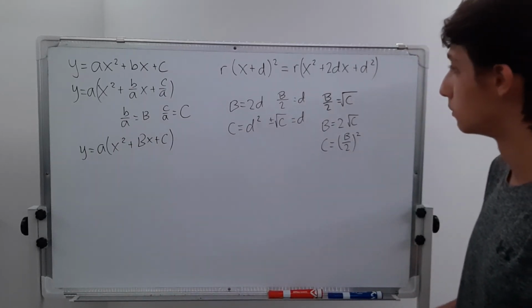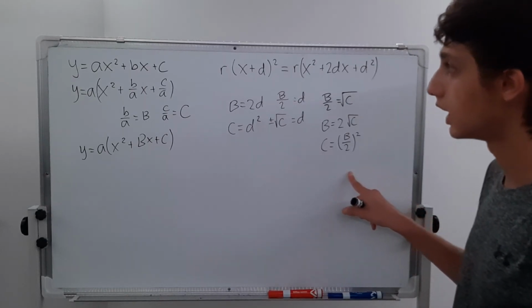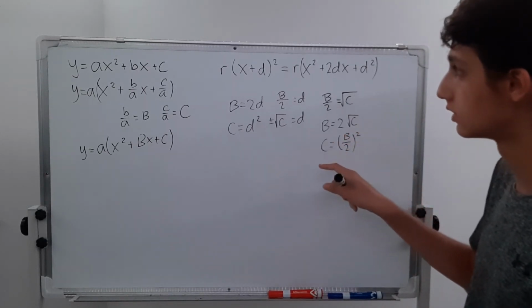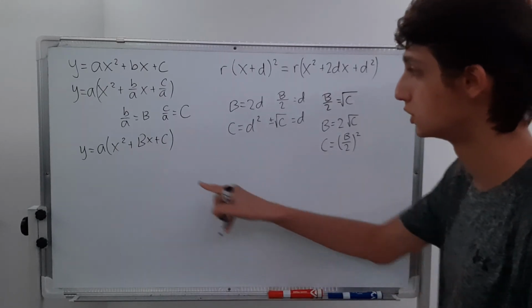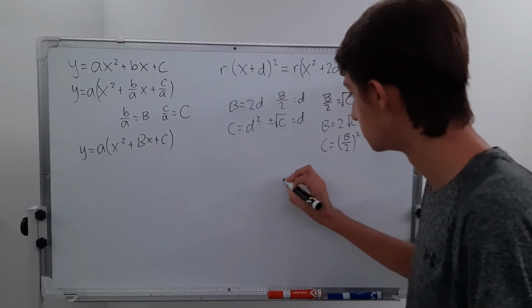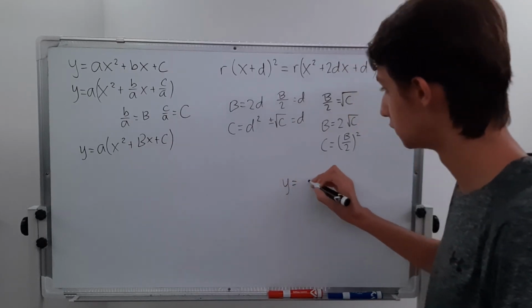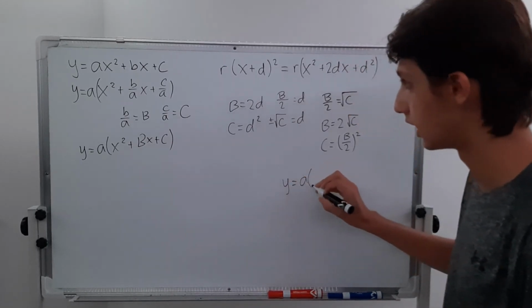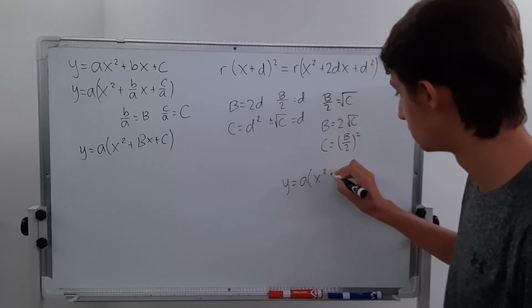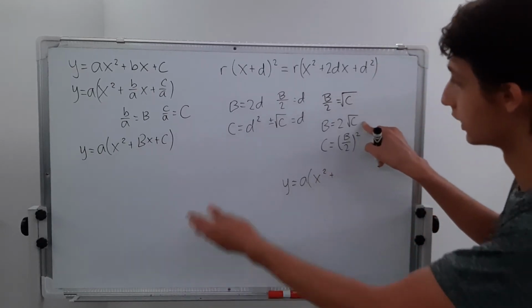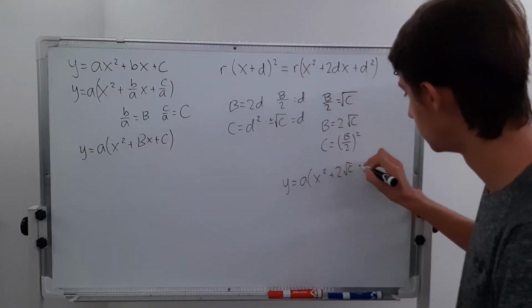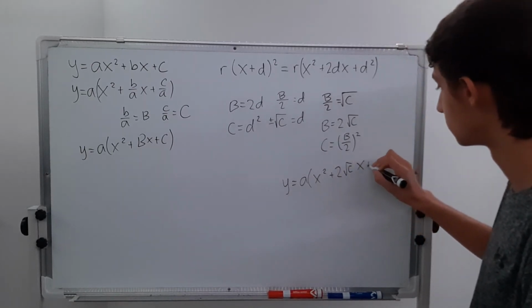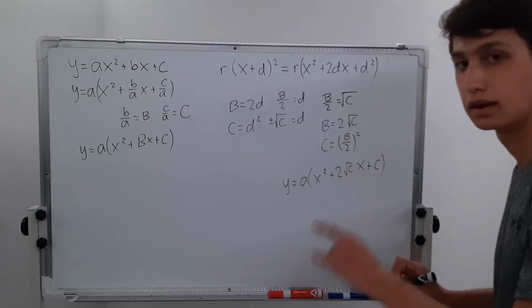So this is interesting because this actually correlates a lot of things. Let's do a substitution into this equation. We get y is equal to our lowercase a times x squared plus, we could write it as 2 root c x plus c, okay?